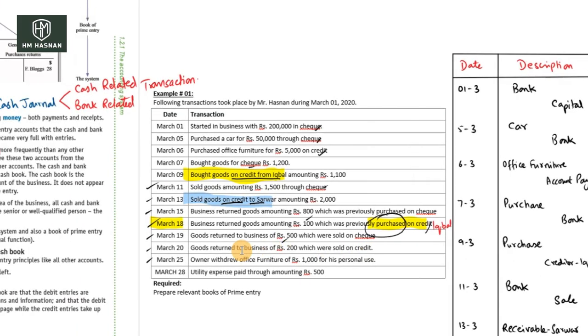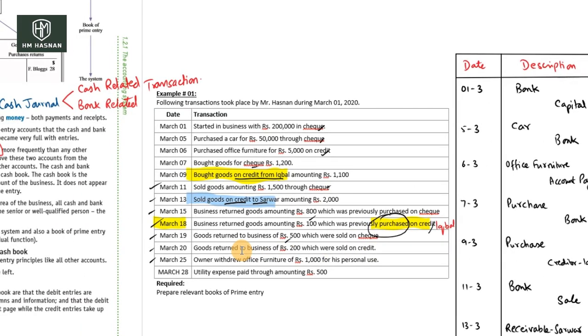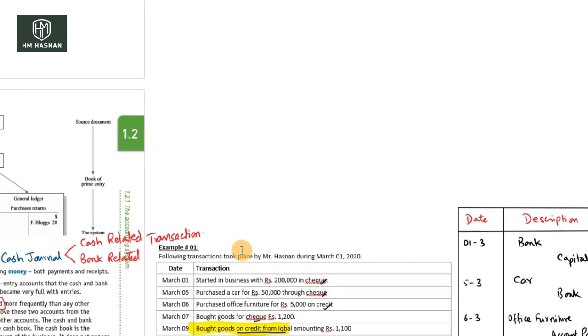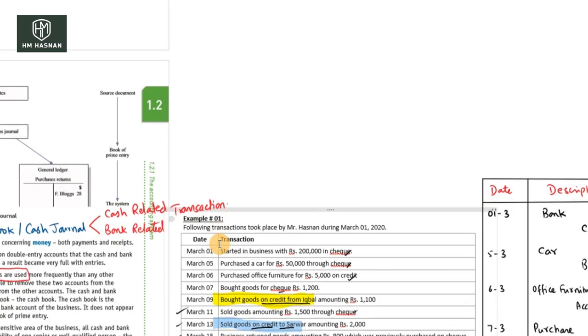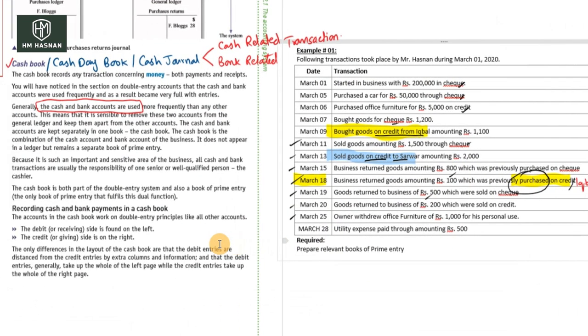You have to revise all the books of accounts, all the books of prime entry, and remember the name and the source document of every book of prime entry. And the correct point is this: every individual transaction is being recorded in the sales or payables ledger, and the total will go to the journal ledger. Okay, any question?